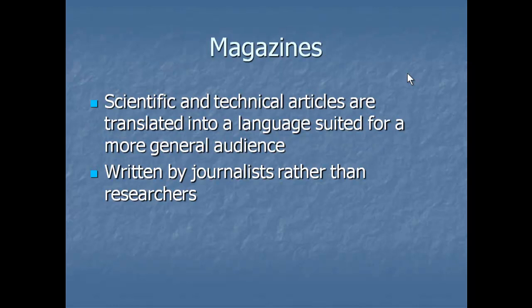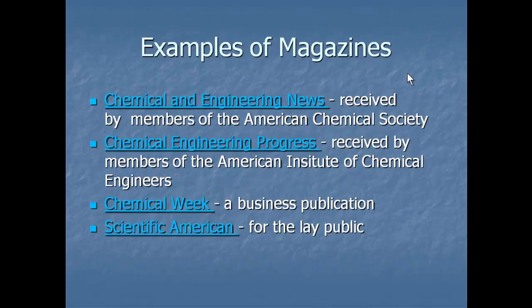A magazine, you all know what magazines are, but there are scientific and technical magazines, and they're translated into a language which is suited for a more general audience. And many of the articles in the scientific magazines are written by journalists, not by the actual researchers. So there are some that are for scientific and technical people, like Chemical and Engineering News.